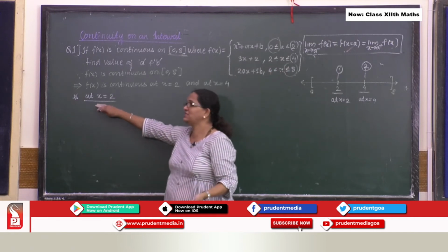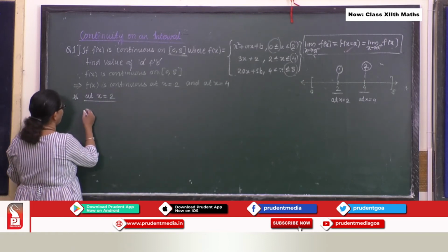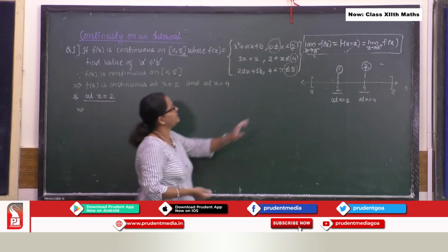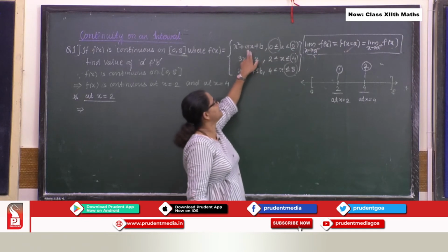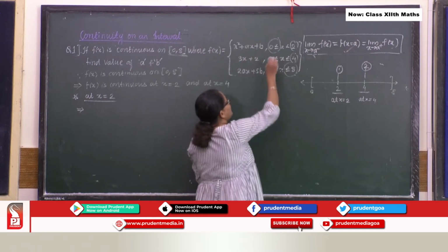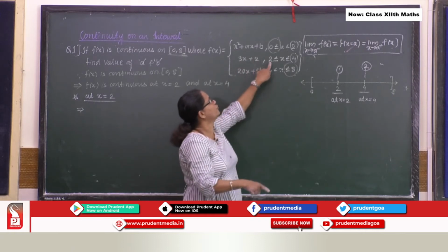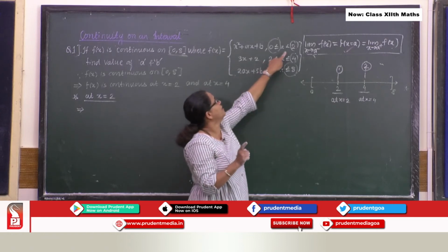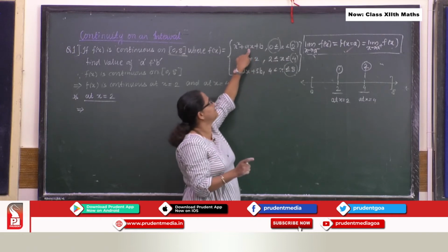So I am taking the first point, and I will proceed in a similar way to how I proceeded before. If you look here, my left hand limit is this definition, and my right hand limit is this definition, which also includes 2. This is very important for you to understand. My left hand limit definition is the first definition.